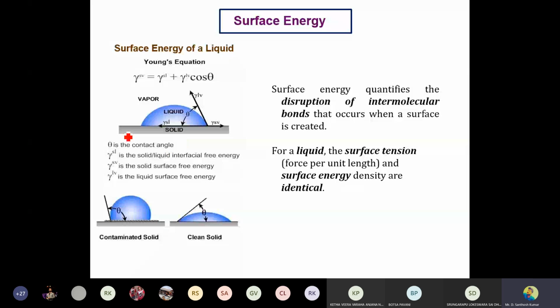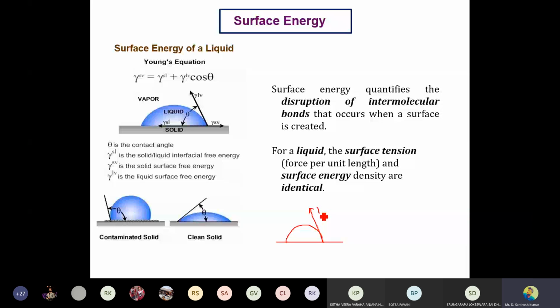So see here, we have a solid and a liquid. This is your solid and there is a liquid droplet falling on this. Obviously there are three different kinds of surface energies here. One is the interaction between liquid and vapor, which we represent as gamma LV. This is the vapor phase and this one is the liquid phase.